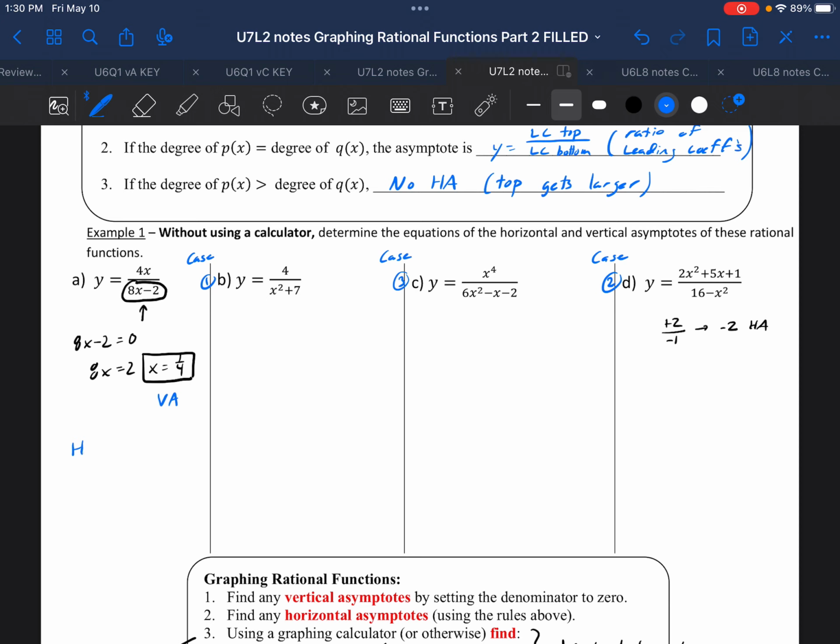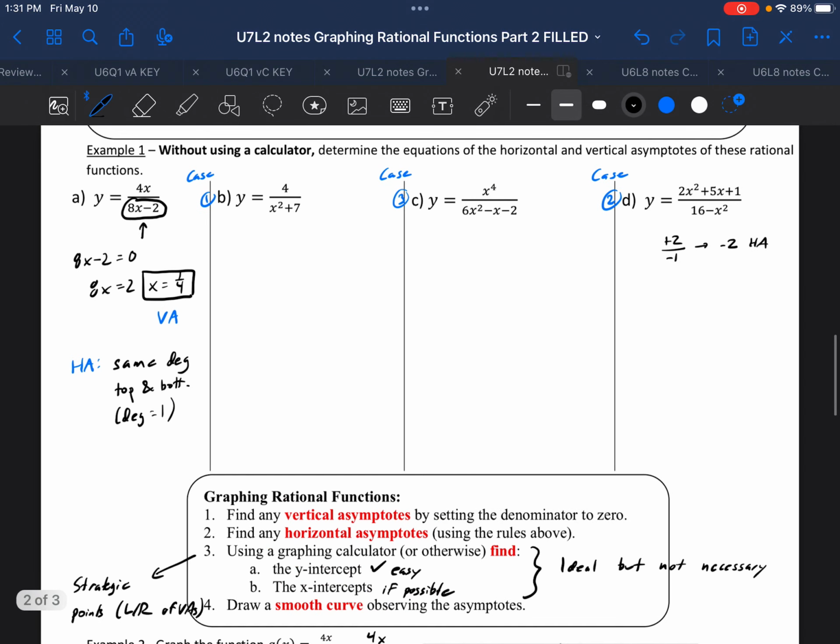Okay, so for the horizontal asymptote, we have the same degree, top and bottom, and that degree is 1. So the horizontal asymptote, HA, will be the ratio of those coefficients.